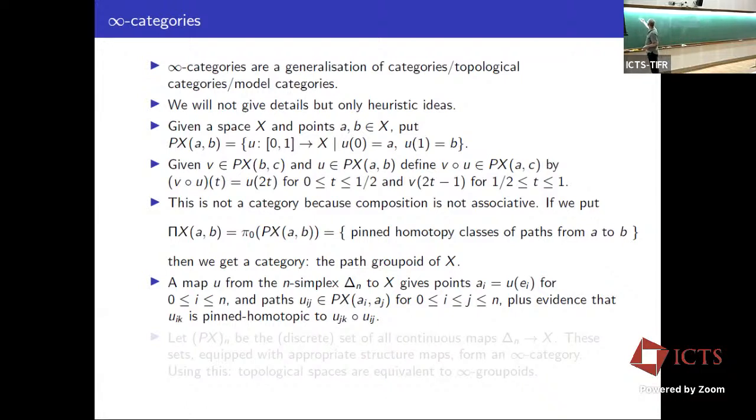So we've got some U, say, from delta 2 to X. So here's my simplex delta 2. So you've got an E0 here and E1 here and E2 here. So you've got A0, say, is U of E0.